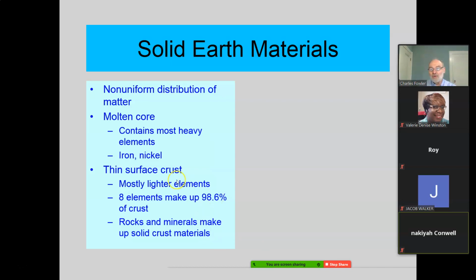So we have a molten core that contains most of the heavy elements. The two major ones, and the one major one is iron, but then number two down there in the core is nickel, okay? Now we have iron that reaches the surface, and some nickel that does too, but iron is predominant. And there's a reason for that.